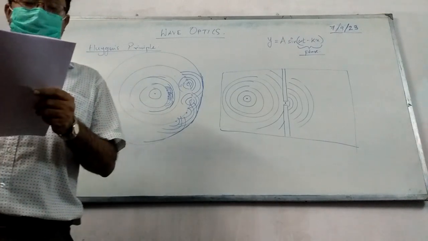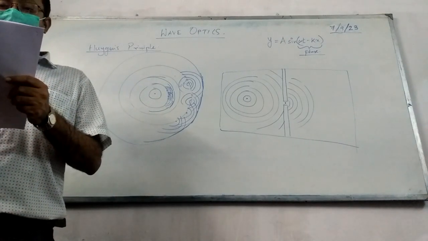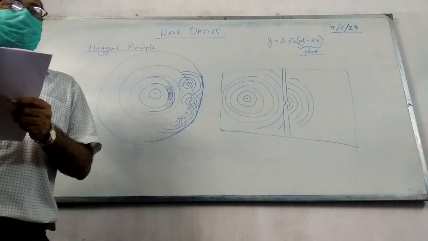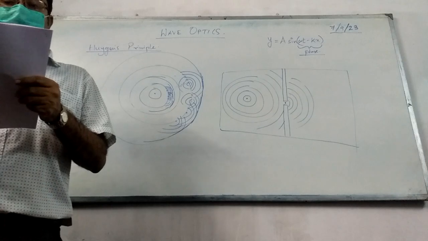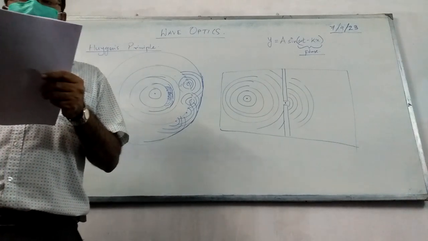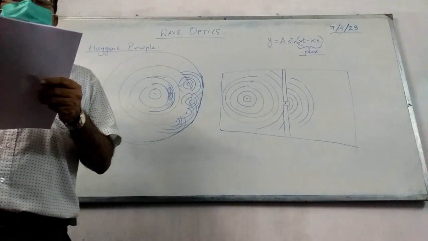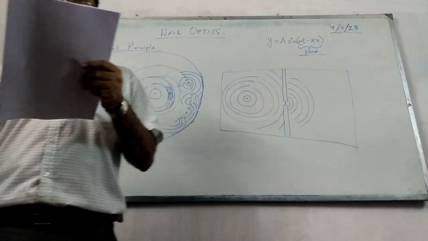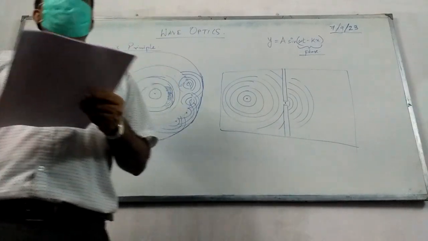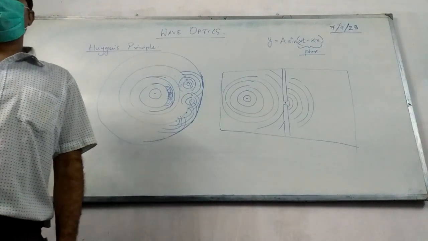The secondary wavelet sends out disturbances in all directions, just as the primary source of light.